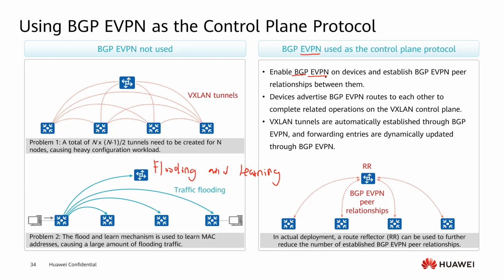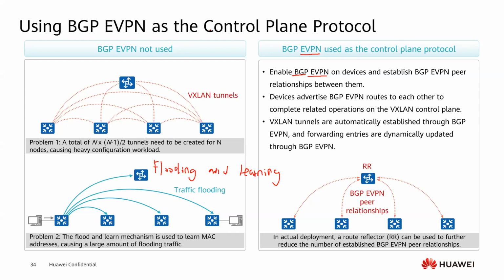If we consider the protocol itself, it is not the control plane. It is just to carry some information, but to cooperate with BGP EVPN, we define some working processes on the VTEP.